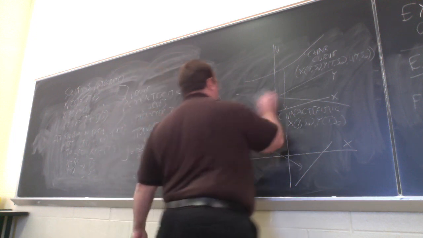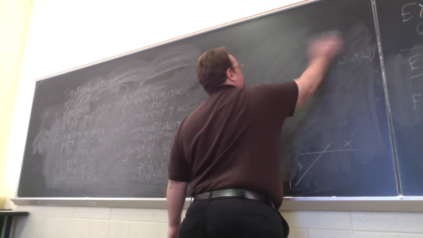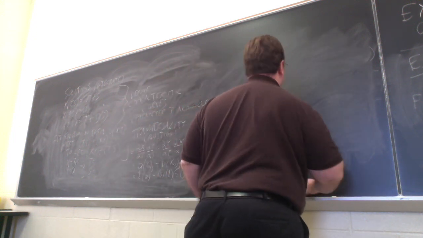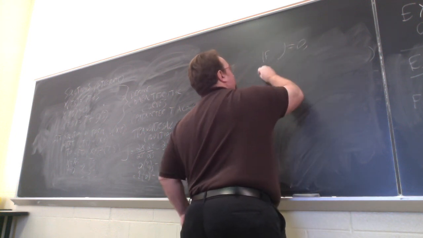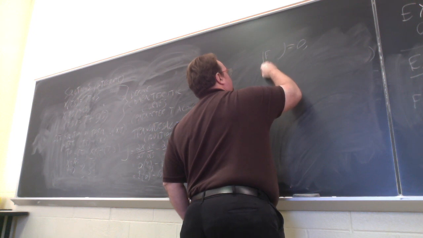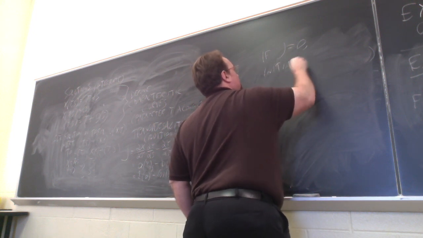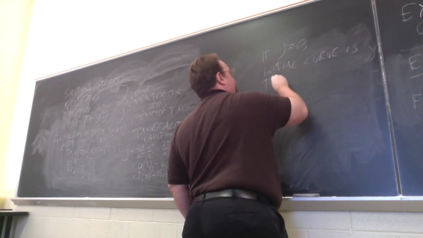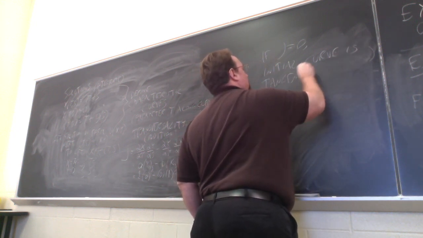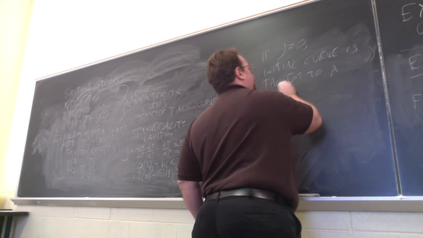So what's happening geometrically with the solution? If the Jacobian is 0, that means that the initial curve is tangent to a characteristic.